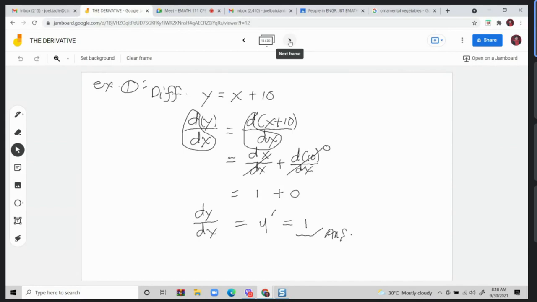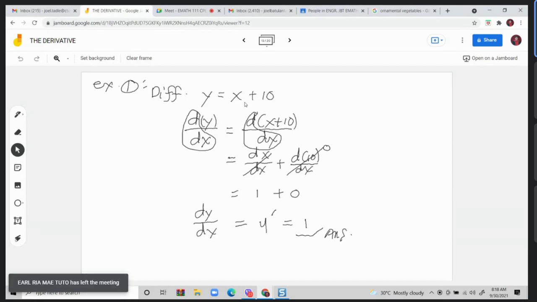So if we use the increment method, guys, what you will do is substitute y plus delta y for y, then x plus delta x for x. You already know the increment method.